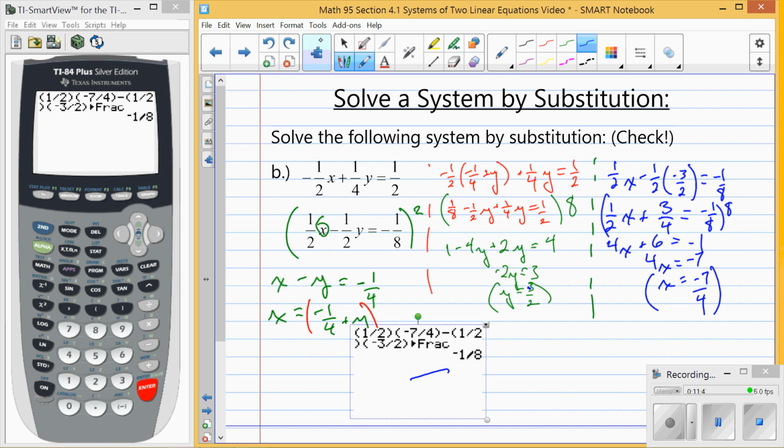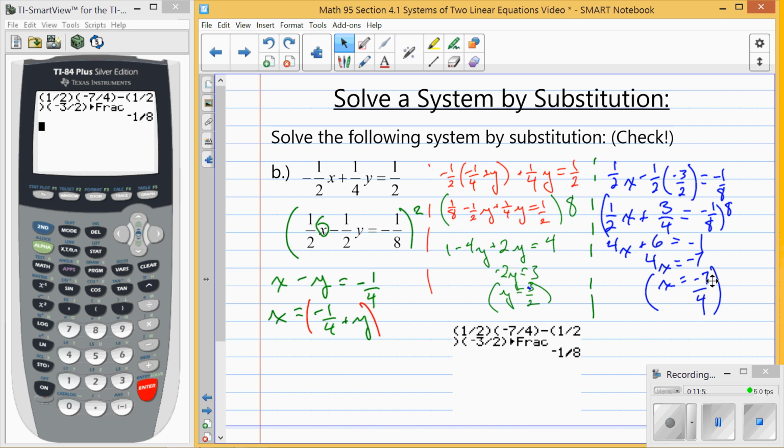Let me erase. That's how we erase. By plugging my x and my y values into here, I get the -1/8. I had used this equation last time to finish solving, so I'm not going to bother checking this. That is not an option that you have on your tests. You always need to check things.